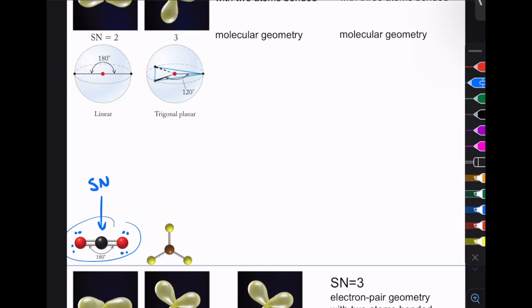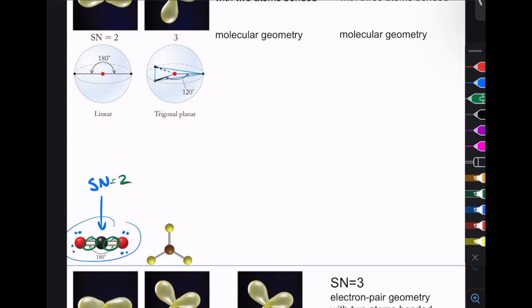Because even though there's double bonds, those double bonds are 2 shared pairs between the atoms. So they're still confined to a pretty small space between the axis of the carbon and the oxygens here. So let me just highlight these. We've got 1 packet here and 1 packet there. So the steric number is equal to 2.